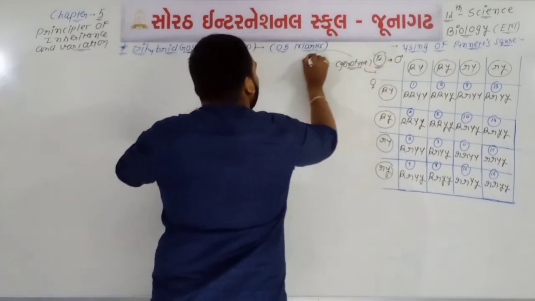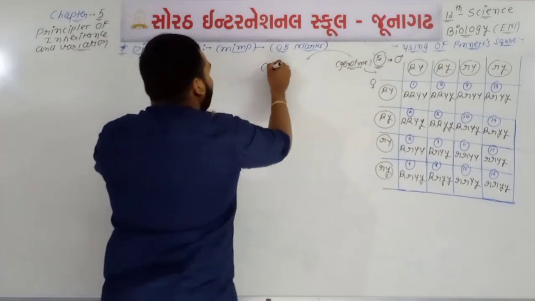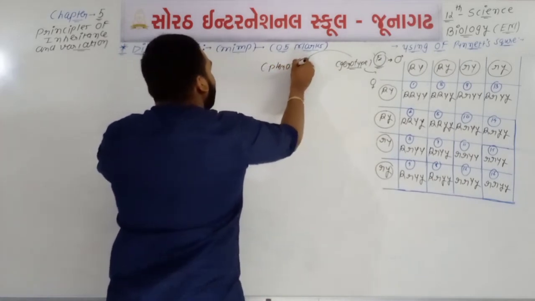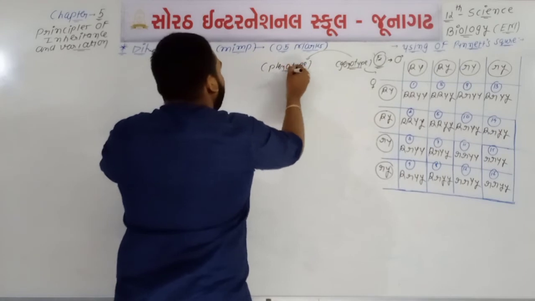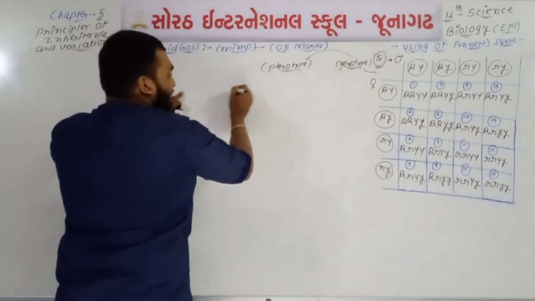Now from genotype we will write the phenotype. Total 16 are there.